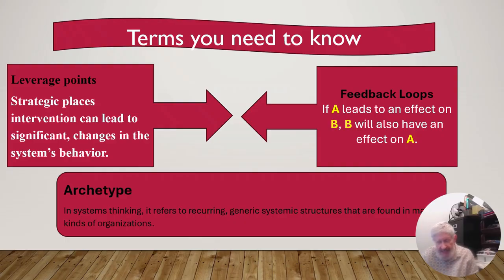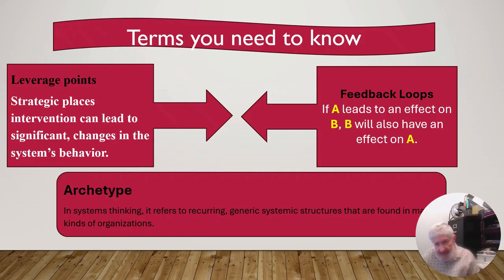So it's almost like an umbrella, where you can say, like we're going to be talking about the addiction archetype when we talk about systems thinking in organizations. And it just gives you a good idea of the basic characteristics of what that archetype is and what to look for.